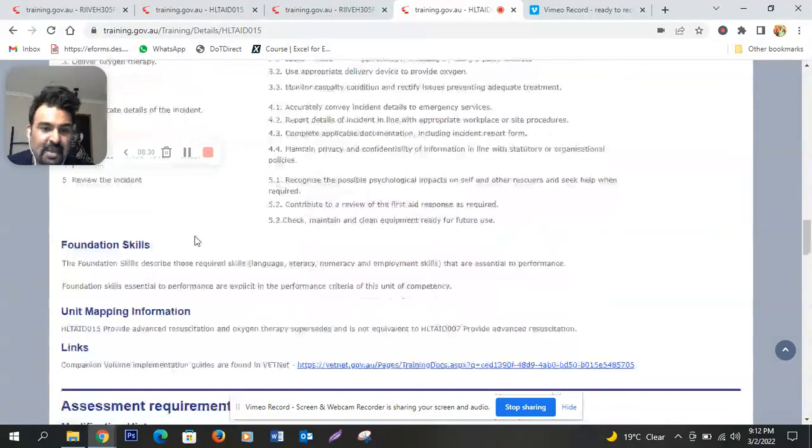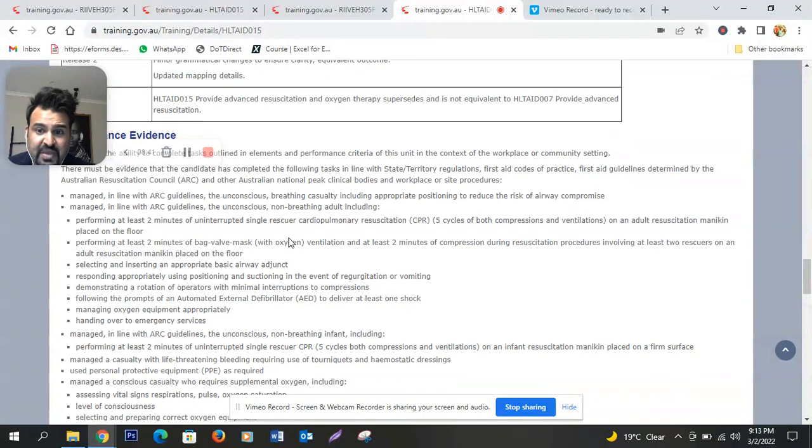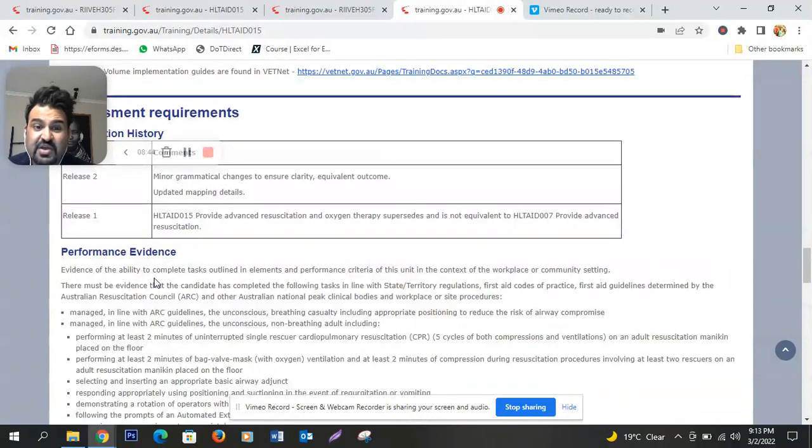When you come to performance evidence, there are a few things that are really important that you always have to do. First, there is a frequency.